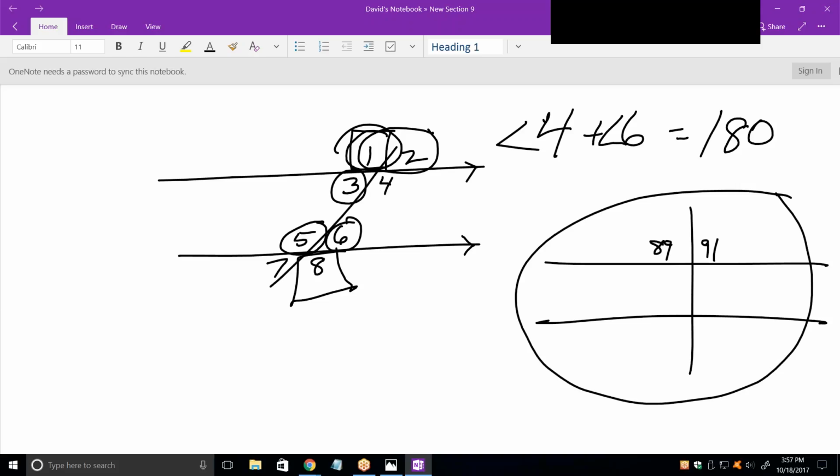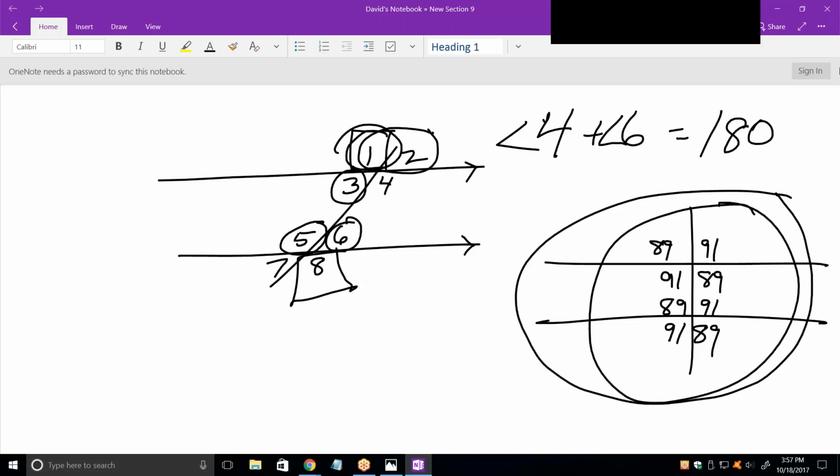But in this case, you cannot figure out what is obtuse and what is acute. However, you know that's 91 because it's a vertical angle. And that's 89 because it's vertical angle. And therefore that must be 91 because it's corresponding. That's 89 because it's corresponding. That's 91 because it's vertical. That's 89 because it's vertical. So you can work it out by just knowing vertical angles and corresponding angles.